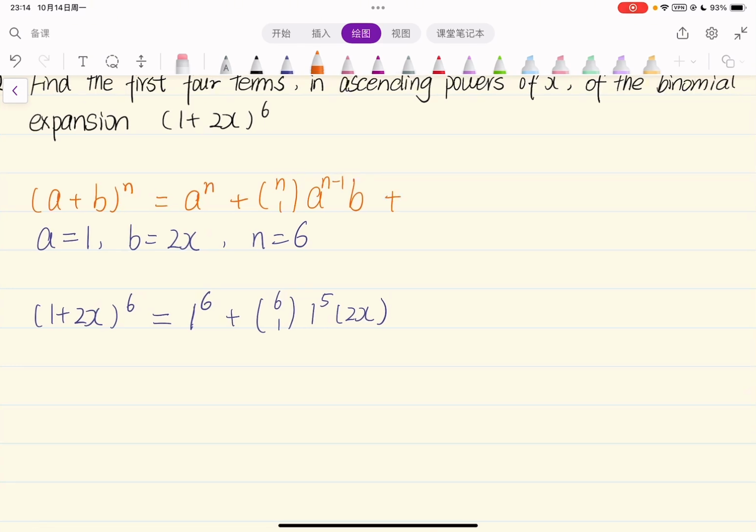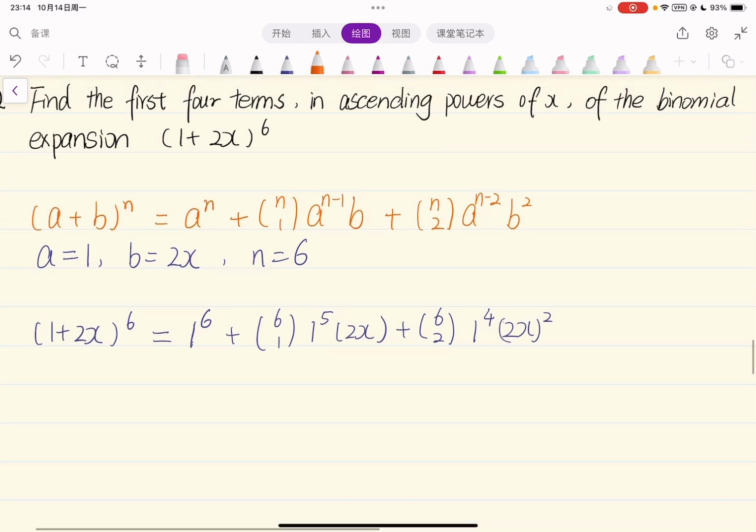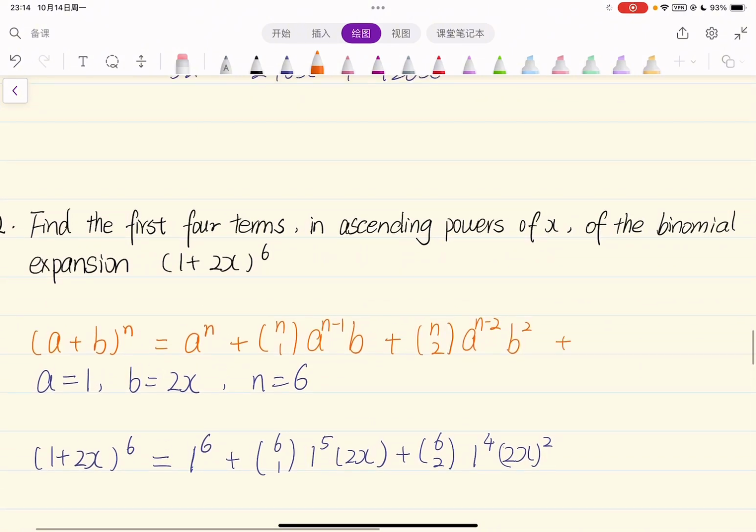For the third term, we have n choose 2 times a to the power of n − 2 times b squared. So we have 6 choose 2 times 1 to the power of 6 − 2, that is 4, times (2x) to the power of 2. And the fourth term is n choose 3 times a to the power of n − 3 times b cubed.